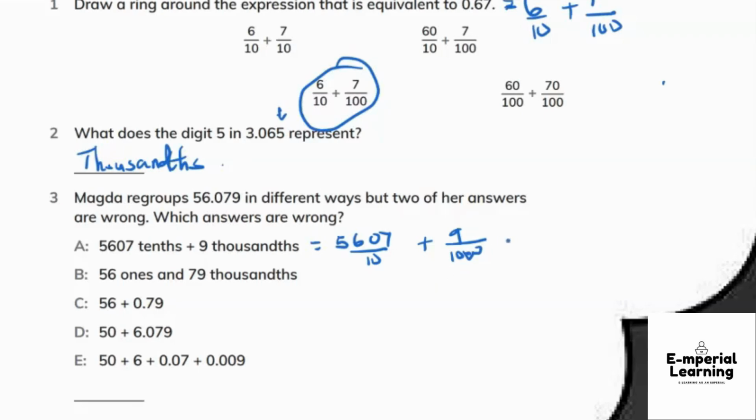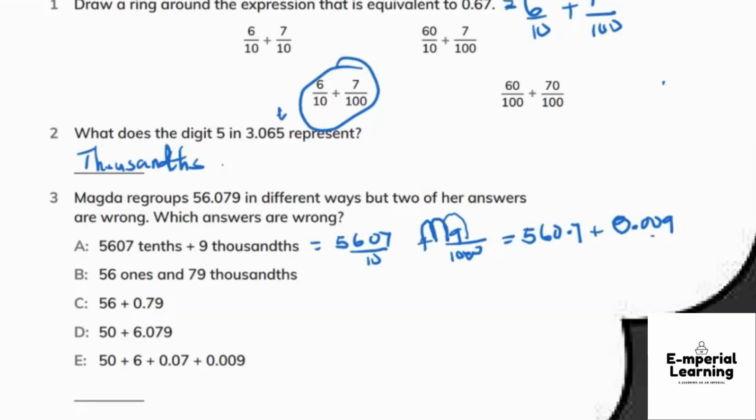And that gives us 560.7 plus 0.009, because when a number is being divided by 1,000, you move the decimal point 3 times to the left.